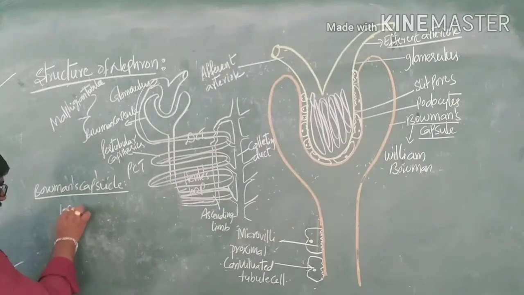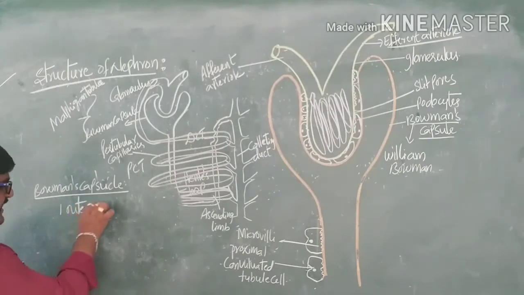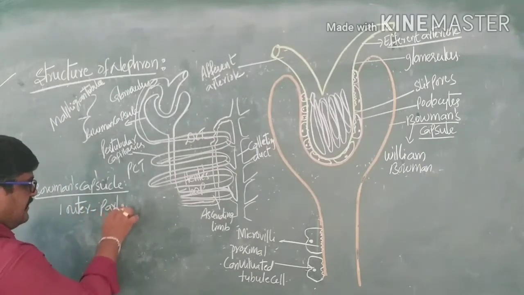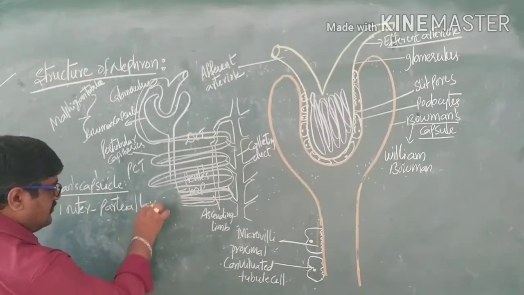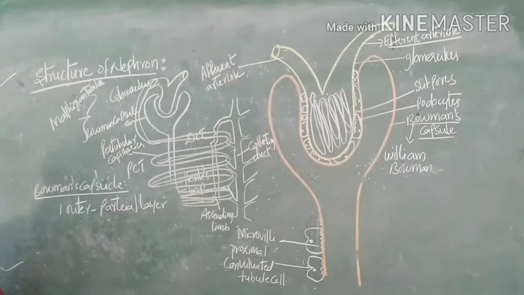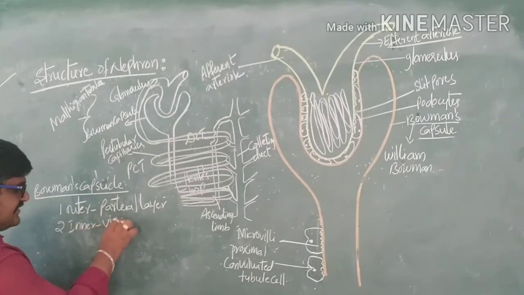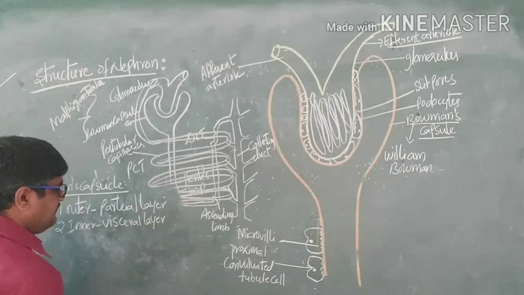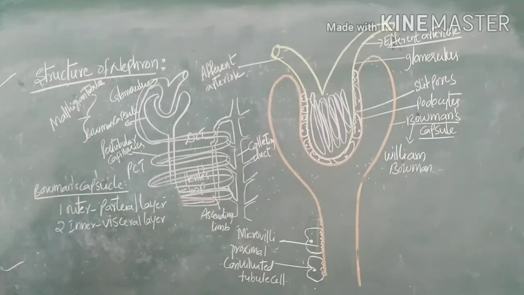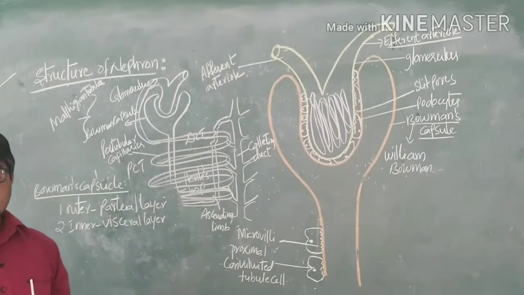The outer is called the parietal layer, and the inner is called the visceral layer.